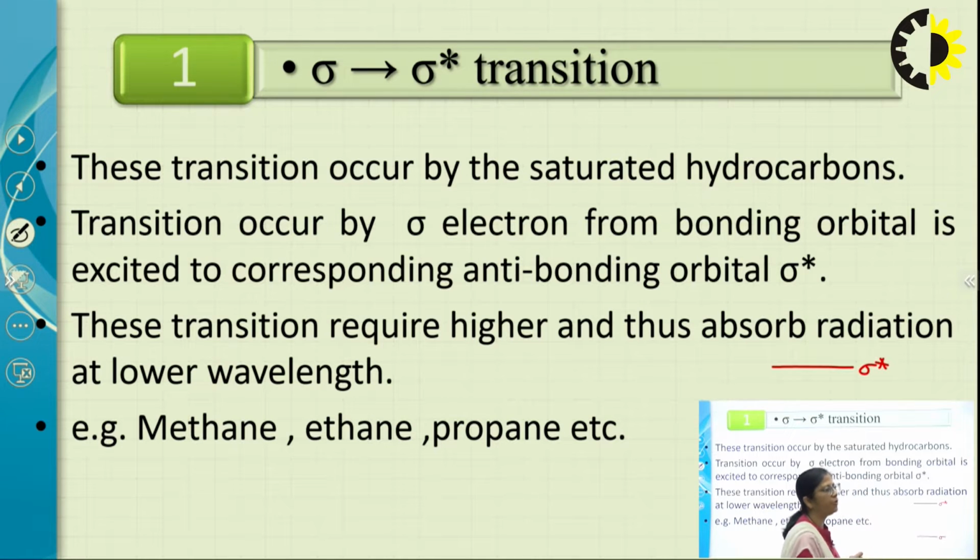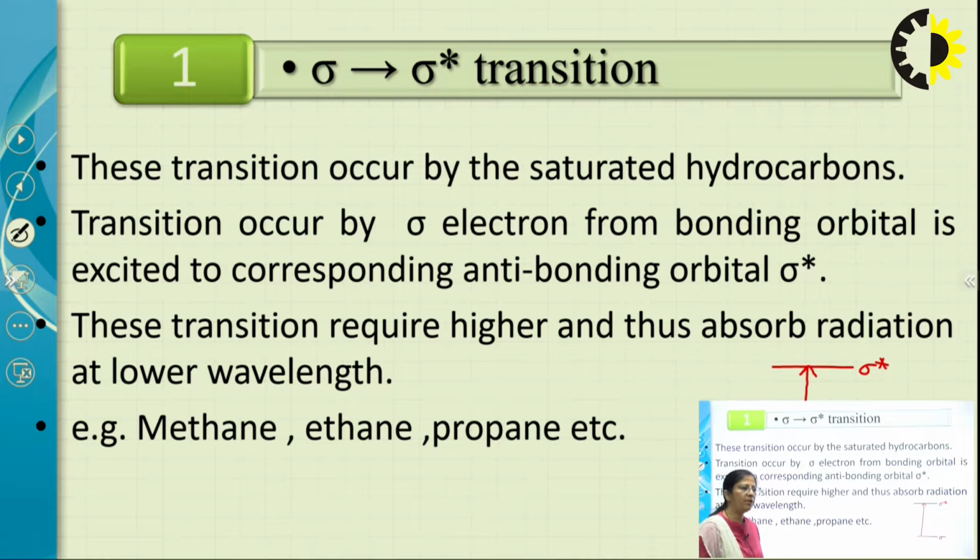This is also clear from MOT, molecular orbital theory, and the transition of electrons from the lower ground state level to the excited state level. Now these transitions require very high energy and get absorbed at the lower wavelength. For example, methane, ethane, propane and the whole series show such type of transition.